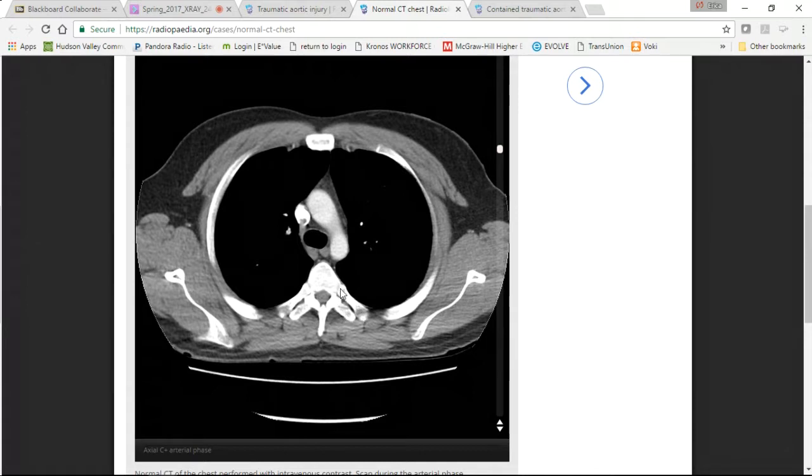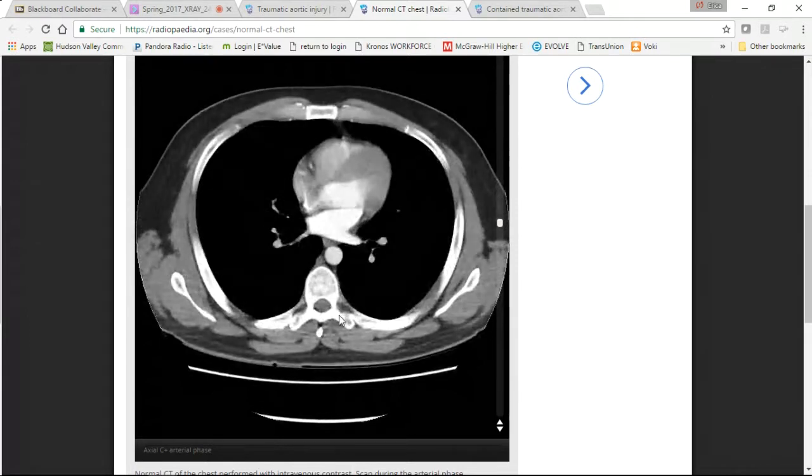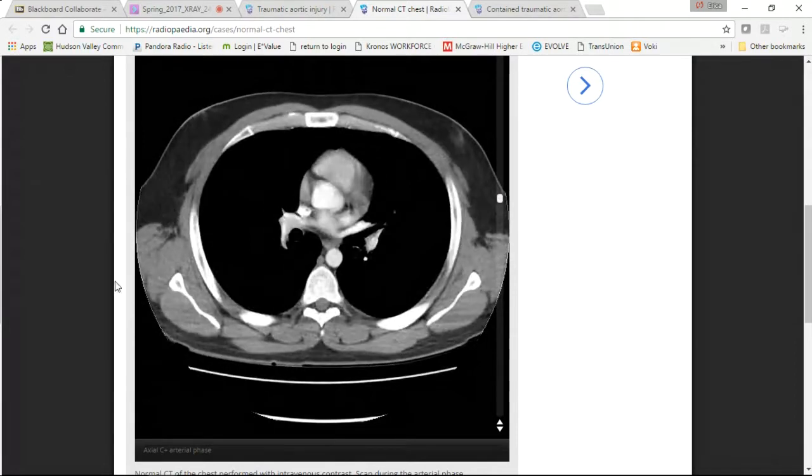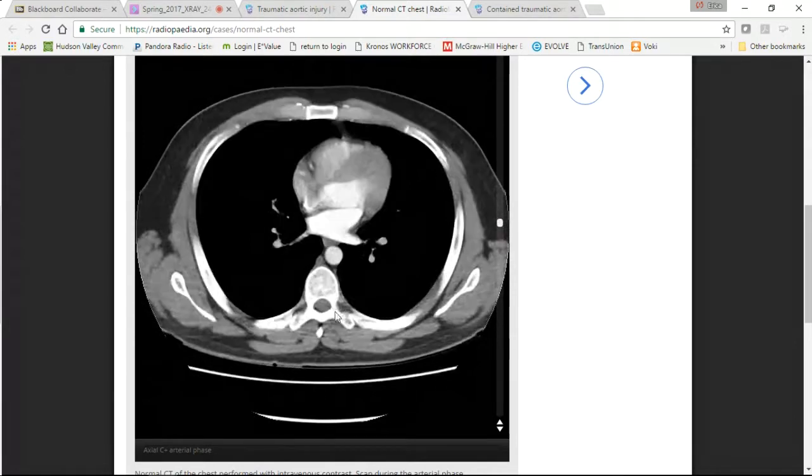We have two different joint spaces. The costovertebral joint space is right here, the most medial articulation, and the costotransverse is right here. Those are two joint spaces you should be able to see on most levels of a CAT scan of the chest.